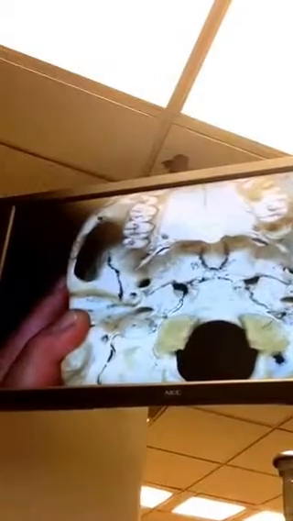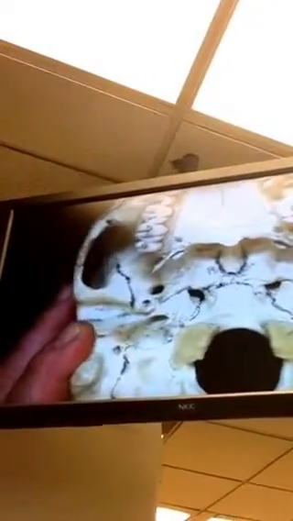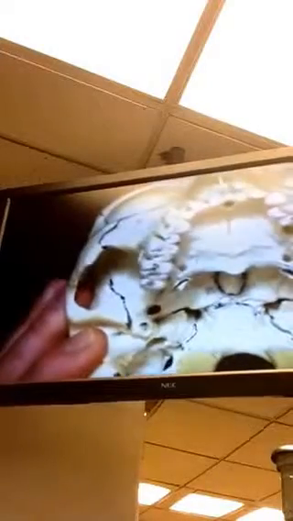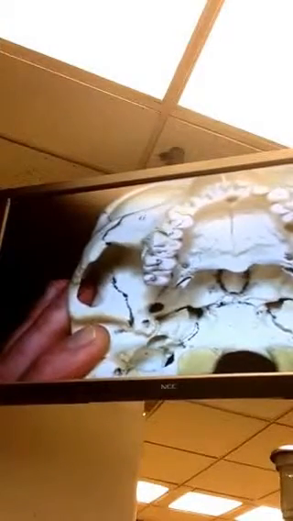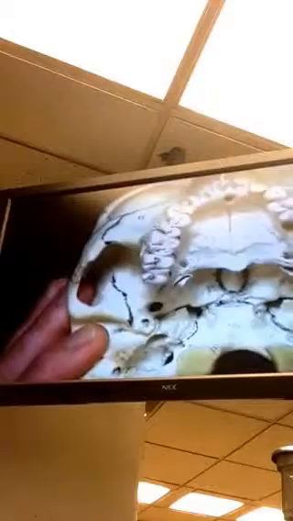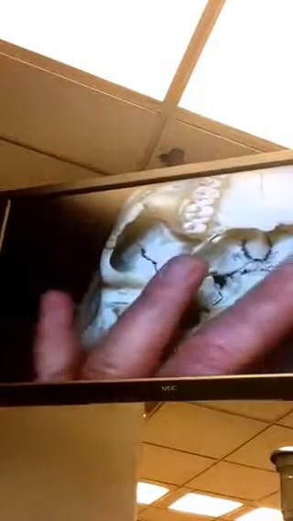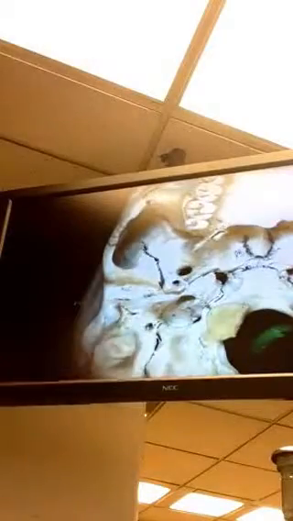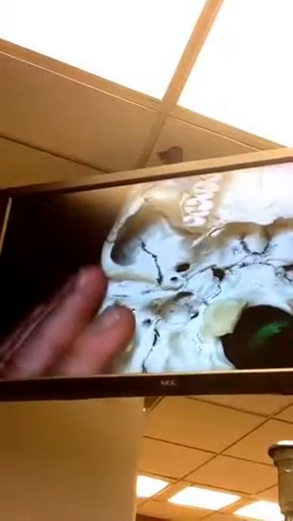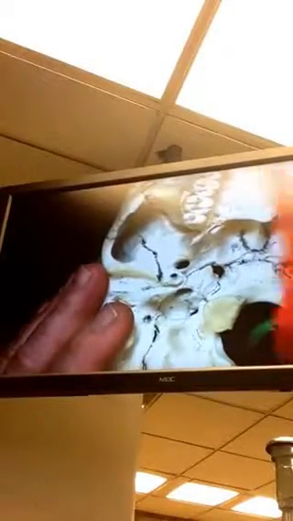The facial nerve proper exits that foramen. Here is the jugular foramen. And just in front of the jugular foramen is the external opening of the carotid canal, where the internal carotid artery enters the skull. Not the external carotid artery, but the internal carotid artery enters the skull.